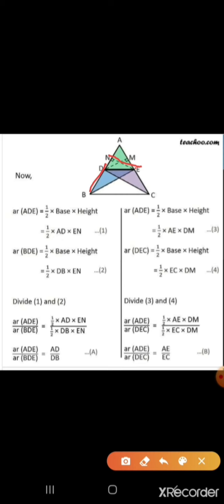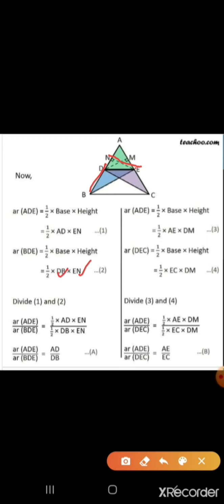It is an extended BD; that is, N is lying on that line segment AB. So EN is a perpendicular drawn from the vertex E to the side DB or AB. So EN is the height and DB is the base.